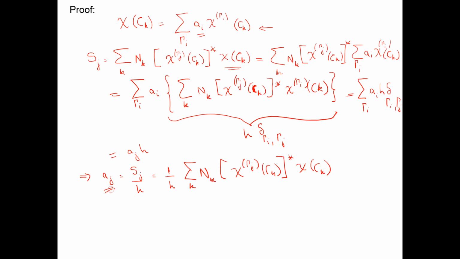Given a reducible representation with characters chi of ck, I can write this expression and define the coefficients aj that allow me to decompose the character of a reducible representation into a sum of characters of irreducible representations multiplied by these coefficients.